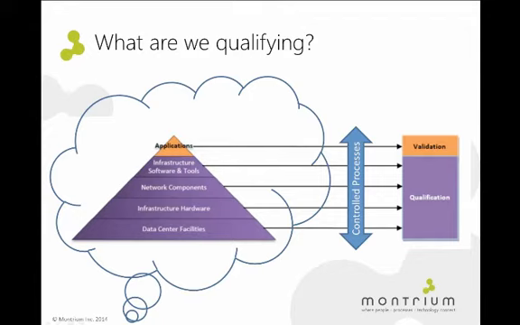So in the context of IT infrastructure, qualification typically consists of demonstrating the ability of the components to fulfill the specific requirements of the various platforms. So in order to meet these requirements, we also have to take into consideration the controlled processes, the infrastructure processes that really govern the operation and maintenance of those components.